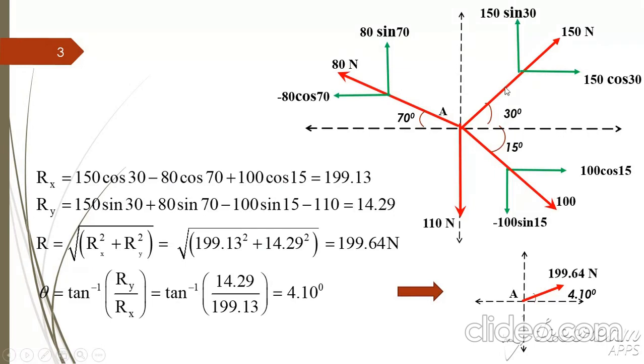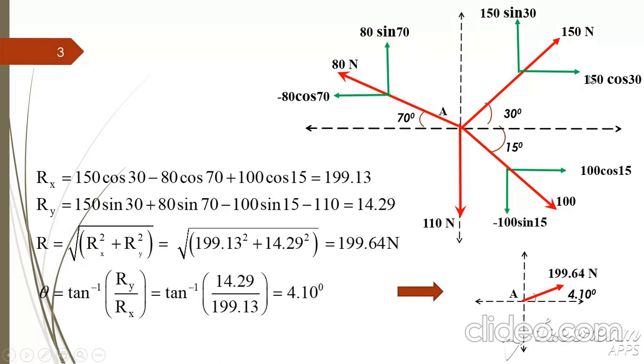Now the figure shows all the inclined forces resolved into horizontal and vertical components. 150 Newton is resolved into horizontal and vertical components, and as the angle is made with respect to the x-axis, that is 30 degrees, the x component is 150 cos 30, and the other component is 150 sin 30. Both components act in the positive direction of x and y.